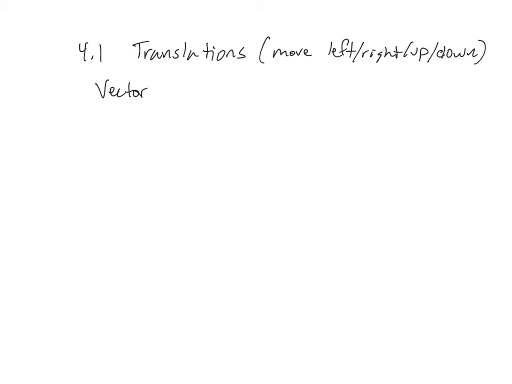So first they have something called a vector. And a vector is just another way of telling you how to get from one place to another.